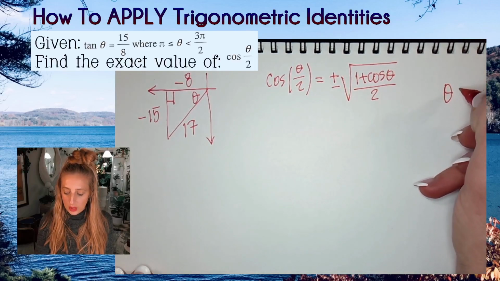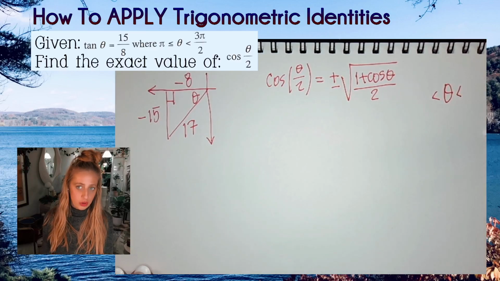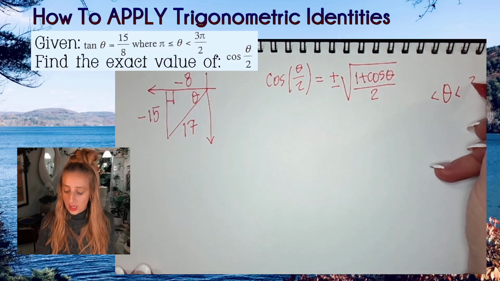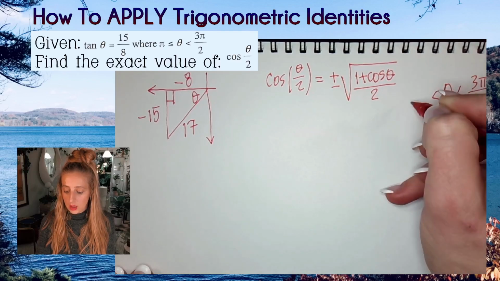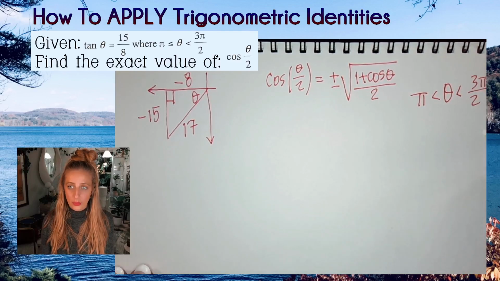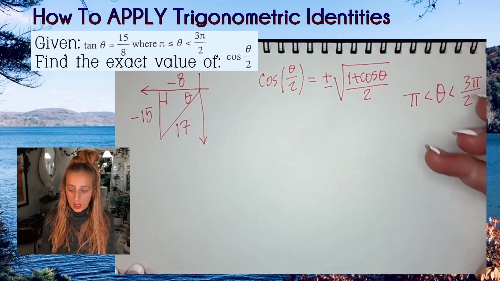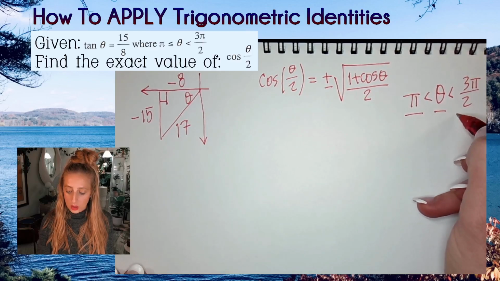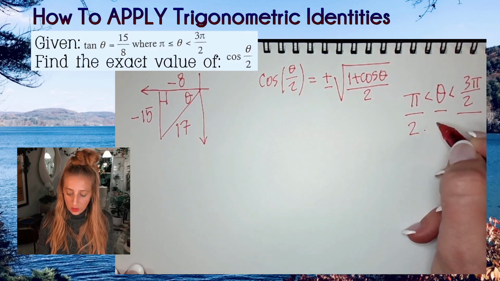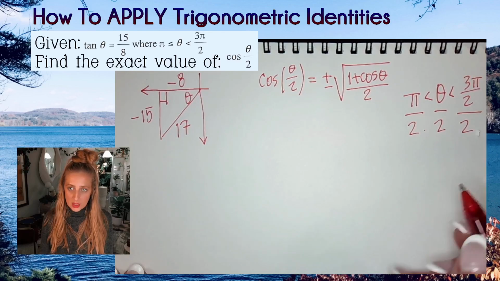The way we figure it out is you look at the restrictions put on theta. Theta is between pi and 3π/2. If we divide everything by 2, what does that tell me?